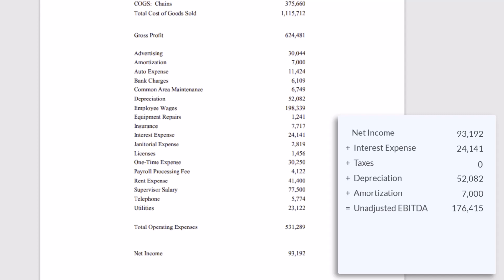So let's take this example one step further and also calculate adjusted EBITDA. Now remember that adjusted EBITDA is just simply unadjusted EBITDA plus non-recurring expenses. And when we take a look at this P&L, we see that the company has a one-time expense of $30,250. So let's assume that this expense was due to fire damage. So to complete this calculation, we'll add this expense to unadjusted EBITDA, resulting in adjusted EBITDA of $206,665.